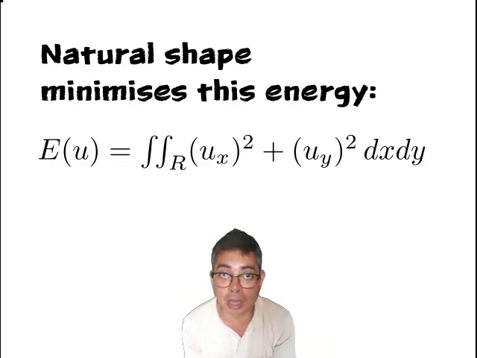Here capital R is the domain, that is the domain of the function u(x,y). So the problem that we want to solve using finite elements method is to find u numerically, approximately, such that this quantity will be minimized.